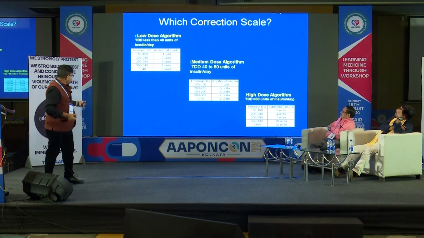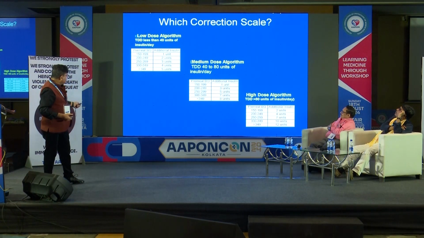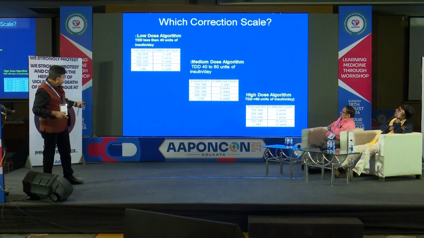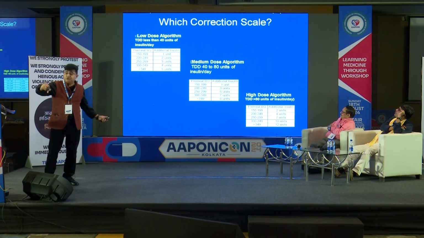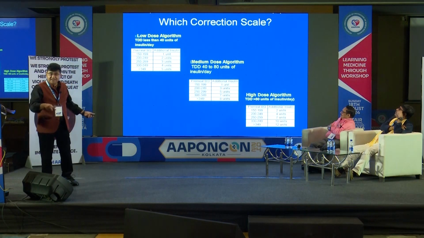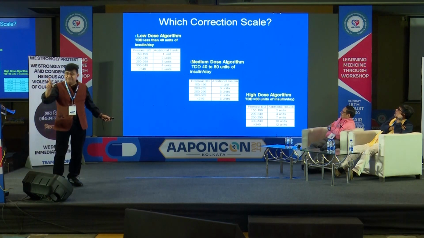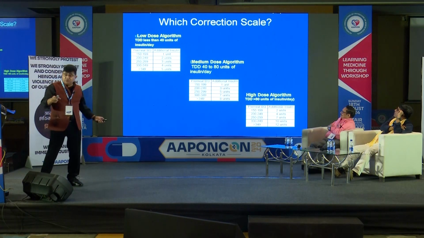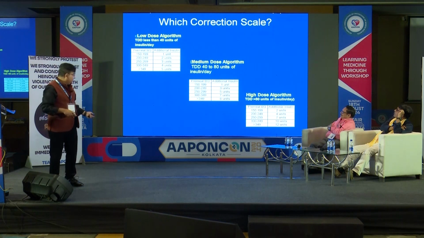So what you do, if your pre-meal blood glucose is higher, you add this particular additional insulin to the previously fixed dose, which you did yesterday. Yesterday you fixed the dose of 5-5-5. Now your pre-meal is 300. So you have to make it 9 in that particular meal.